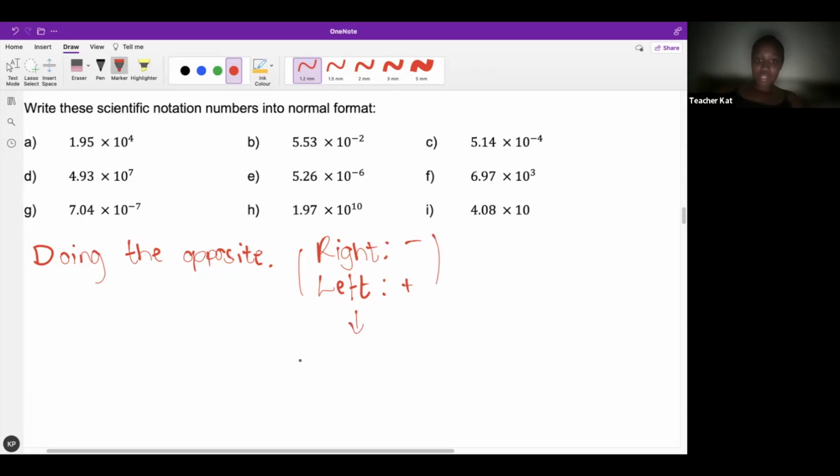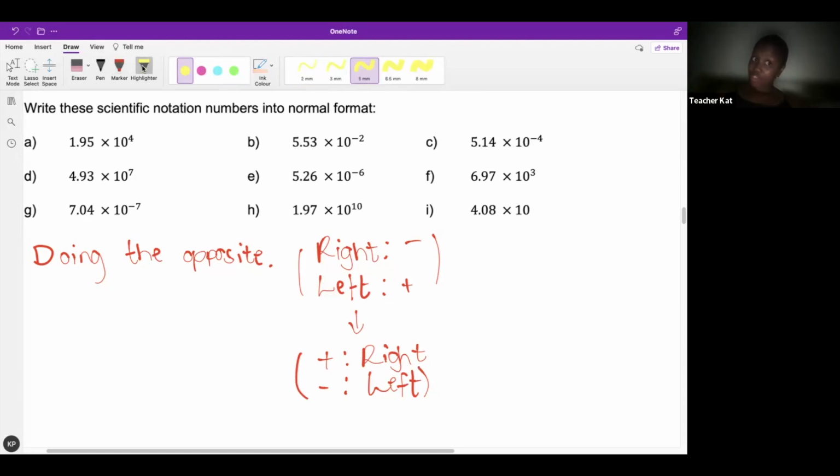So that means if I have a positive exponent, where am I supposed to move? The opposite. Right, guys. And if I have a negative exponent, where am I supposed to move? Left. Okay. Are we with me?